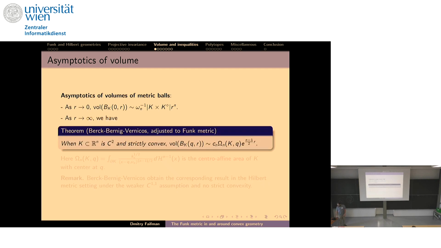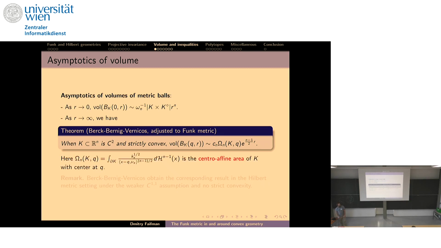At infinite radius, which is probably more interesting for differential geometry in the large, we have asymptotics. So for instance, when K is sufficiently regular, this is not the most general thing you can assume, but let's keep it simple. The volume behaves exponentially, that's the power, and there's a certain coefficient, which is a known invariant in convex geometry.